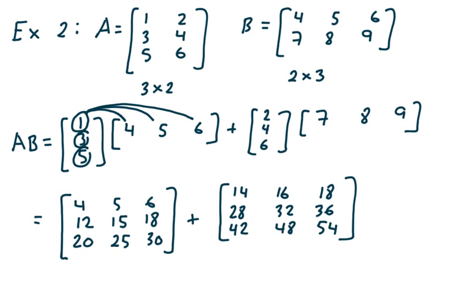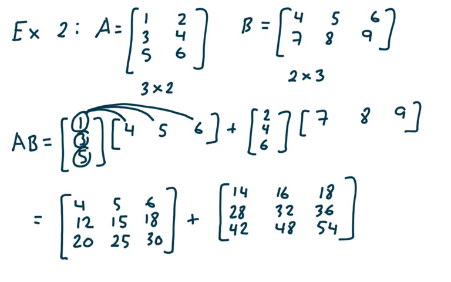So therefore, AB equals, notice, 4 plus 14 is 18. 5 plus 16 is 21, and 6 plus 18 is 24. So it's 18, 21, 24.